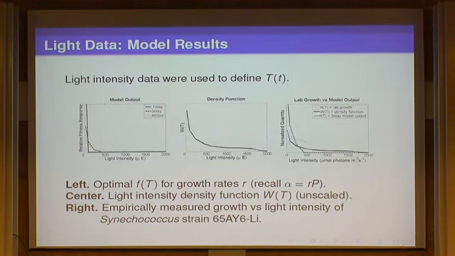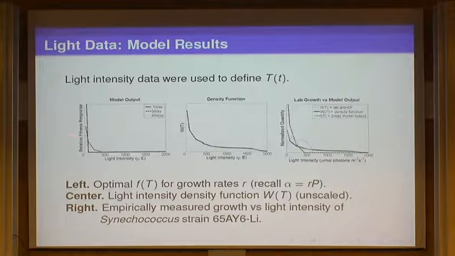Okay, anyways, so this is the comparison of the model and the data. This is the model output over here. So we took that light intensity data and plugged it into the model, and we also needed a growth frequency, so we used a few different growth frequencies. Roughly 1 to 3 days is the right one here.